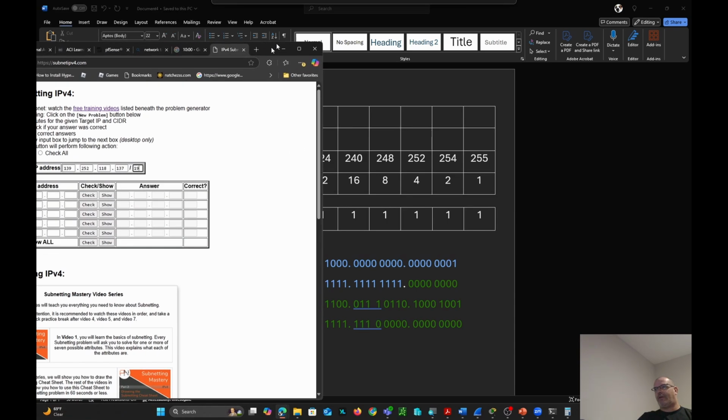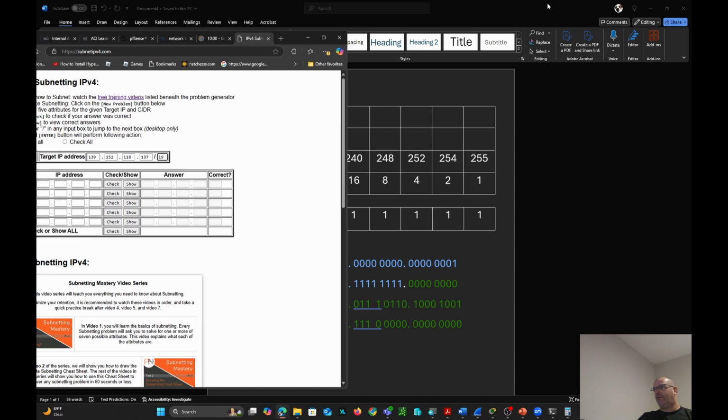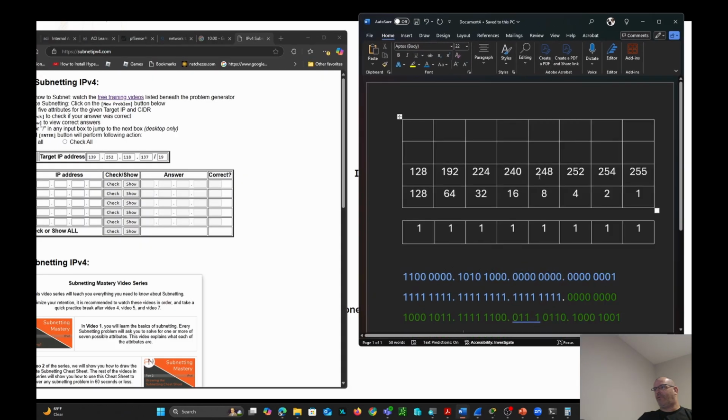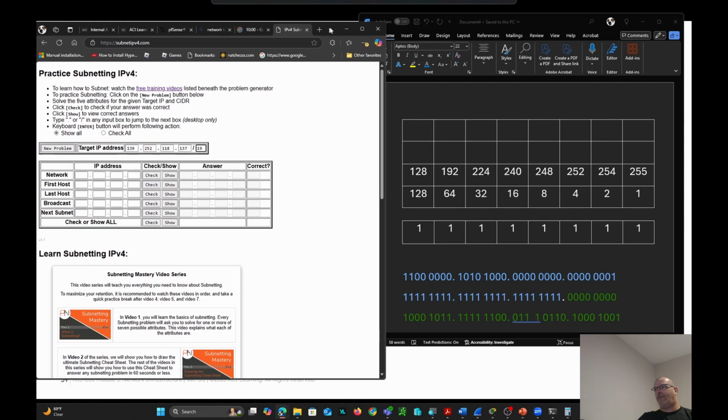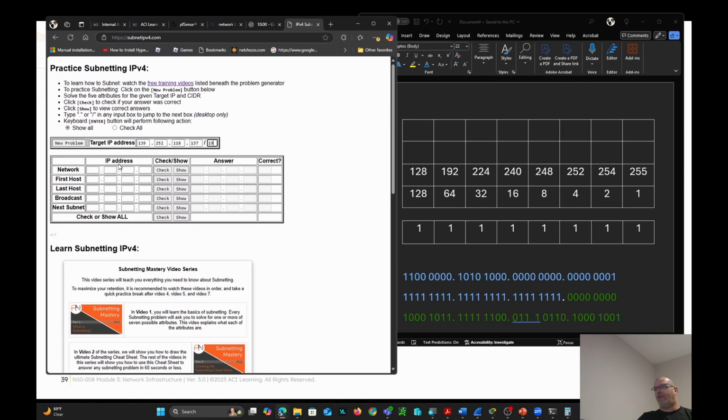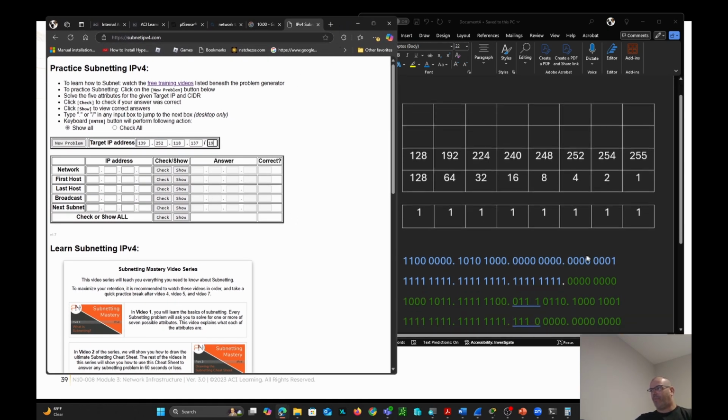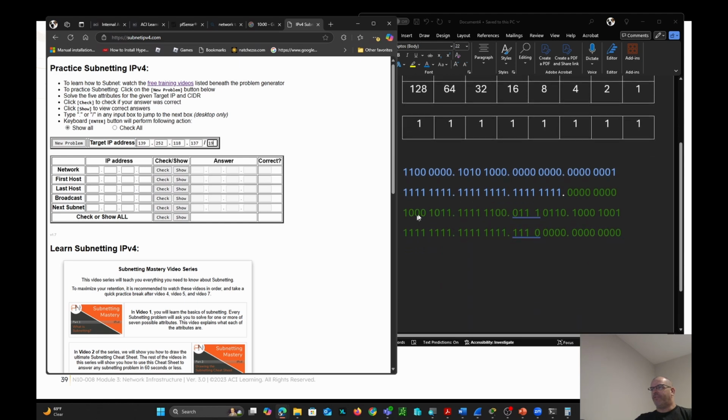So let's put these side by side. Okay, so our network. Remember this is our IP address in binary, and this is going to be our CIDR notation slash subnet mask.